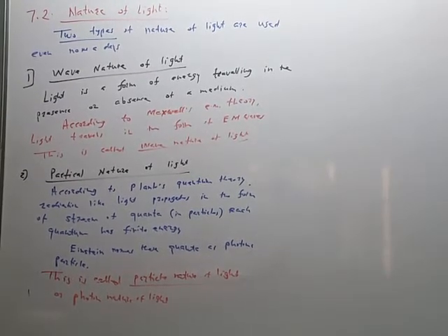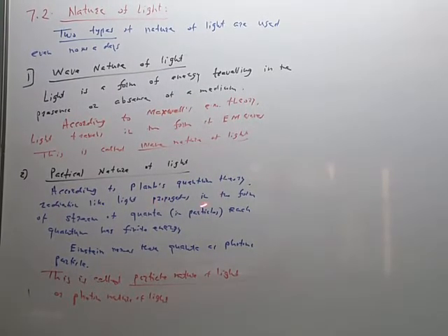Now, particle nature is like this. According to Planck's quantum theory, radiation like light propagates in the form of a stream of quanta, that is, particles. Each quantum has finite energy. We already know this equation: energy of each quantum is equal to h into nu, where h is the Planck constant and nu is the frequency of radiation.